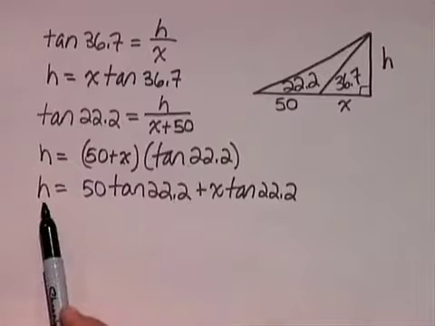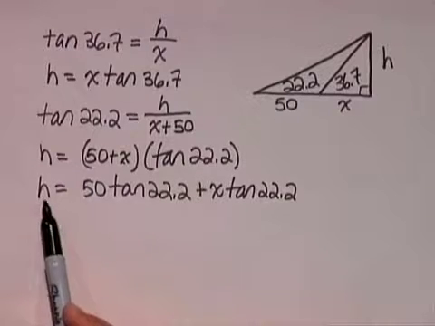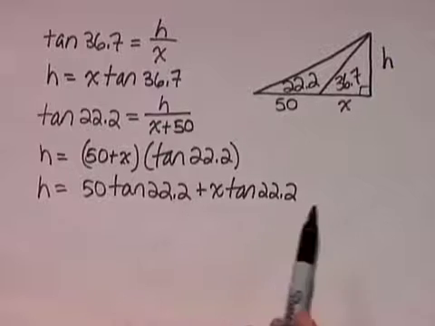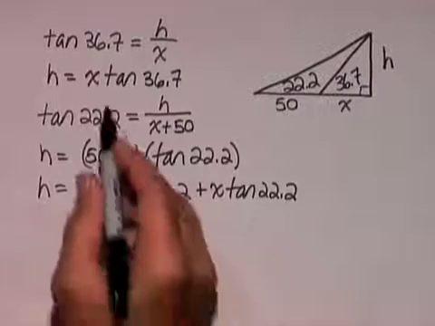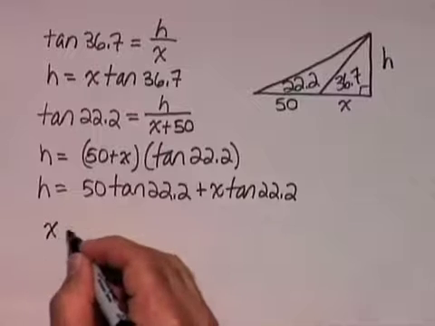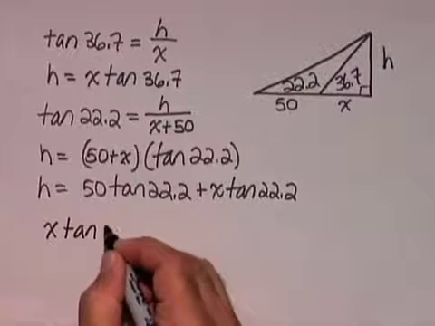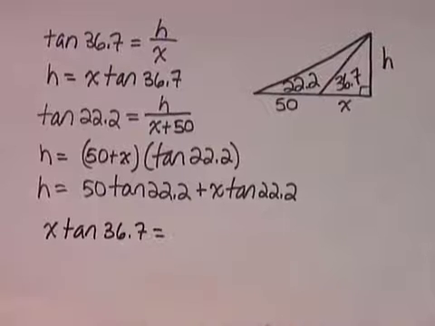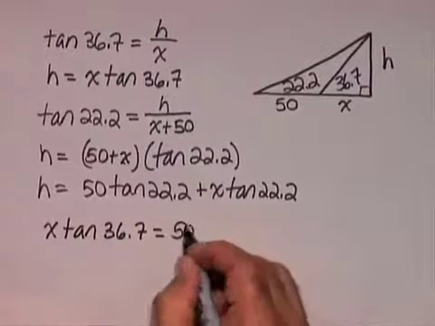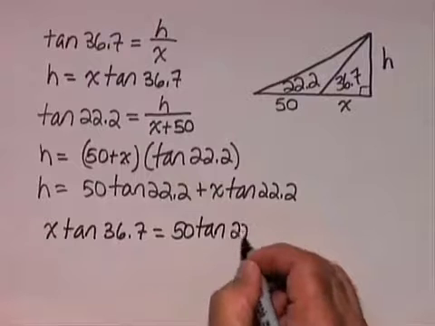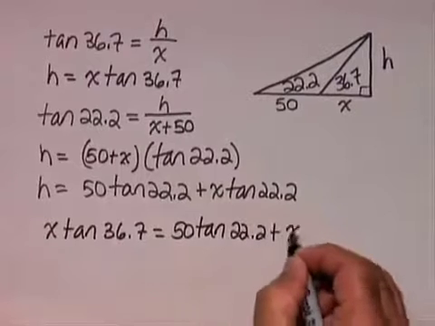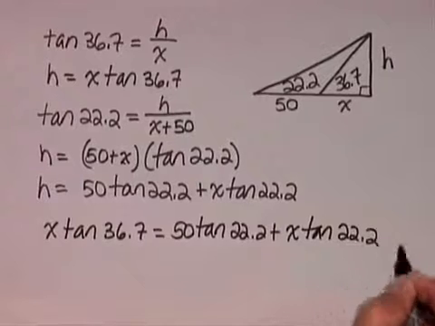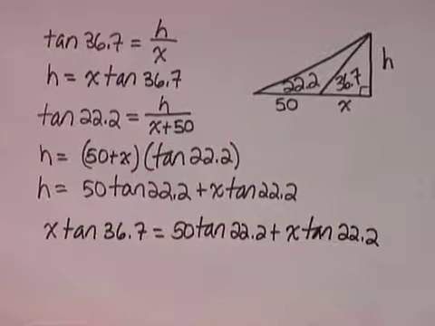Here's my second equation for the same h: 50 tan 22.2 plus x tangent of 22.2. So therefore, I'm going to say that x times the tangent of 36.7 is equal to 50 times the tangent of 22.2 plus x times the tangent of 22.2.